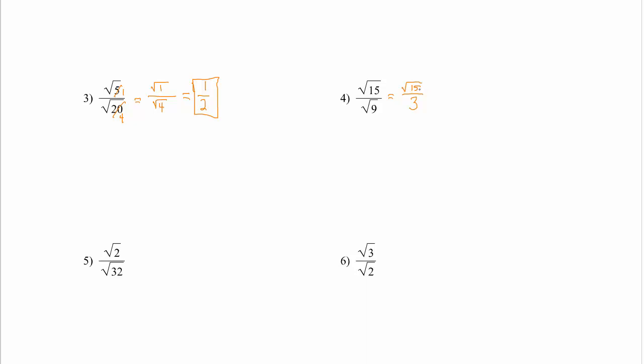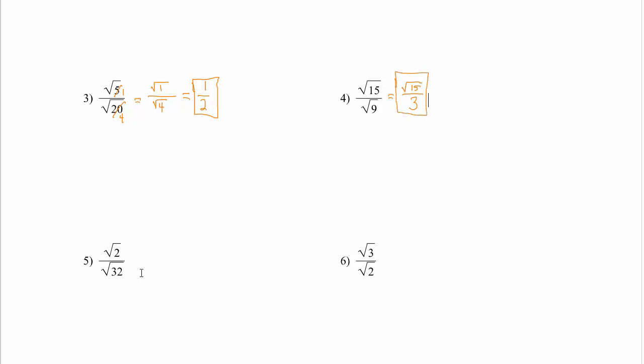It's only 3 times 5. We can't simplify that. So, you might ask, well, can I divide 3 into 15? You really want to, but you notice how this 15 is inside of a square root? Just like when we did multiplication, and we multiplied outside with outside, and inside with inside, the 3 is on the outside of a square root, and the 15 is on the inside, so we cannot divide those. This is as far as we can go.